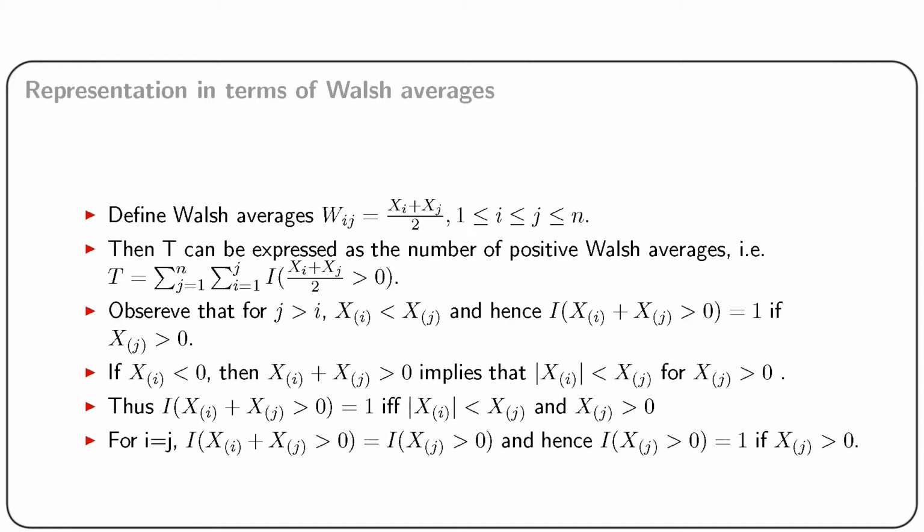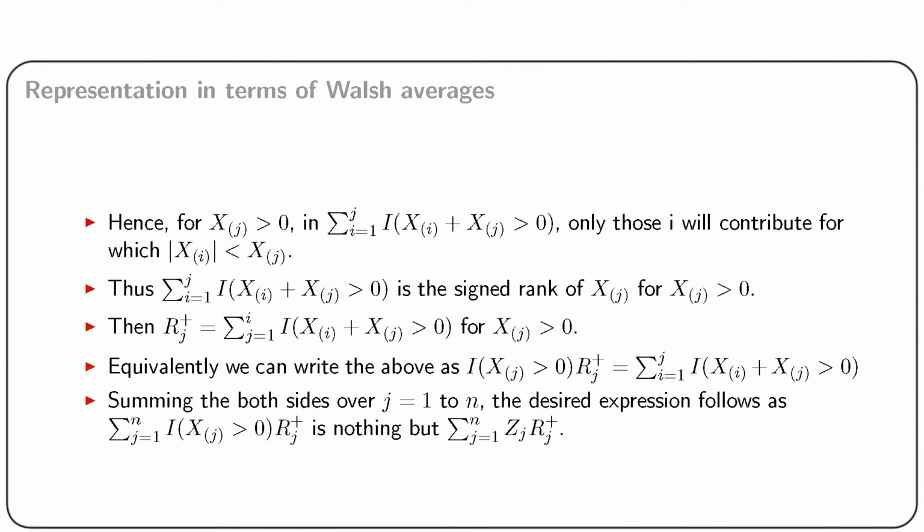Now, for i equal to j, indicator x ordered i plus x ordered j greater than 0 is nothing but indicator x ordered j greater than 0, and hence it equals 1 if x ordered j is positive.